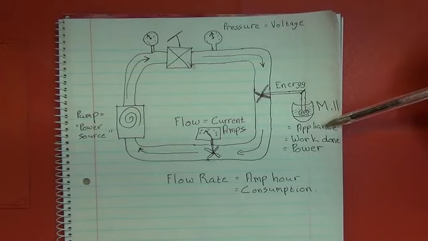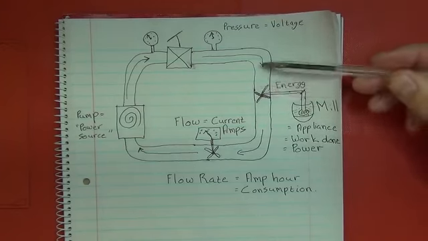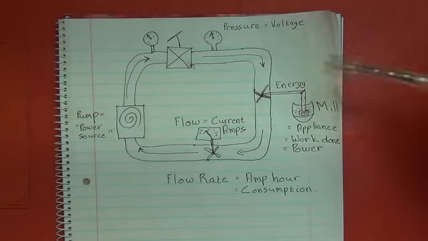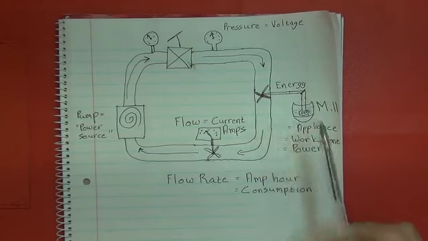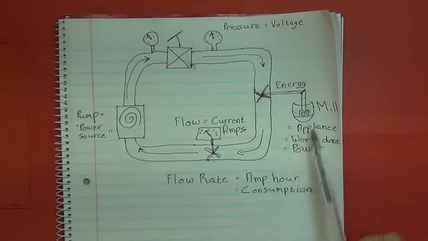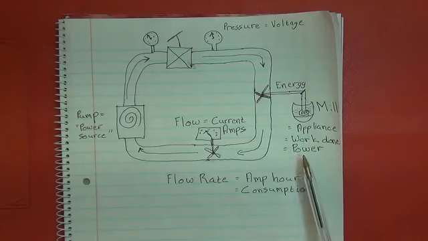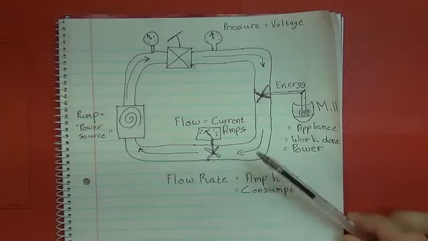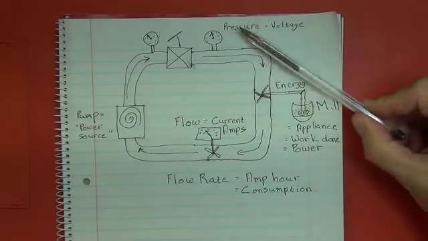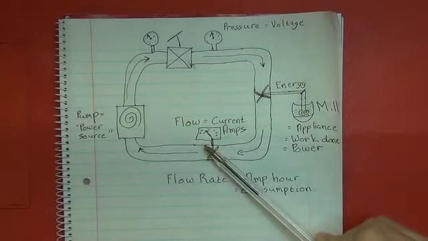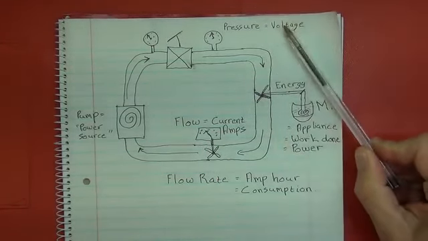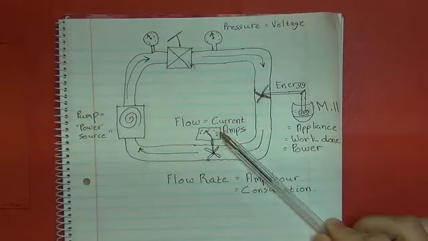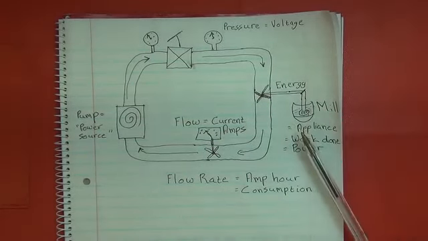Taking the energy out of the system to the appliance is the work being done by your water or your electricity, and that equates to power. So there is a direct relationship between your pressure, your flow, and the work being done: between voltage, current, and power.